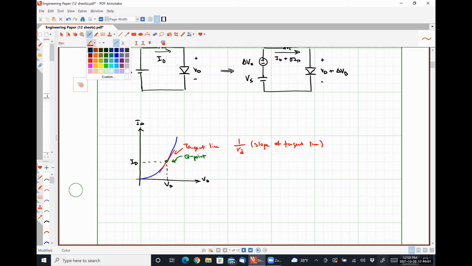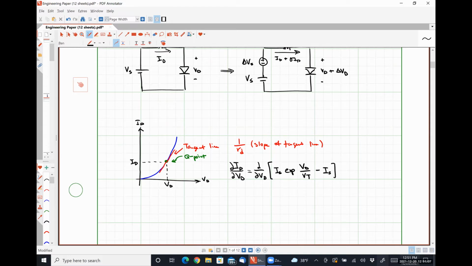So the partial derivative of the diode current with respect to our diode voltage VD is nothing more than the partial with respect to VD of IS exp(VD over VT) minus IS.